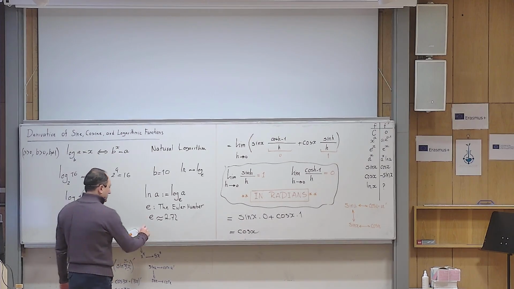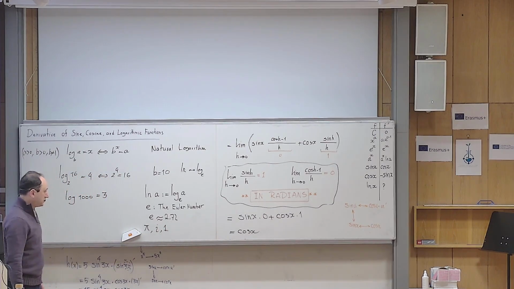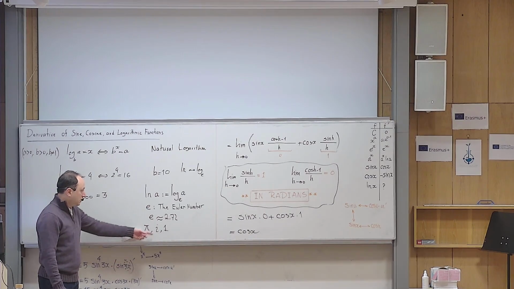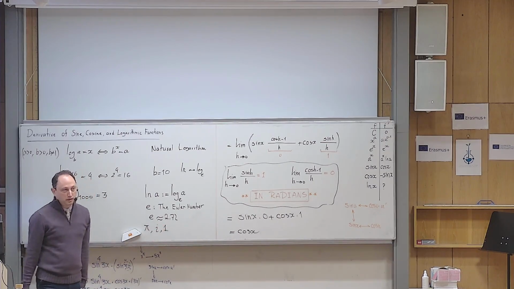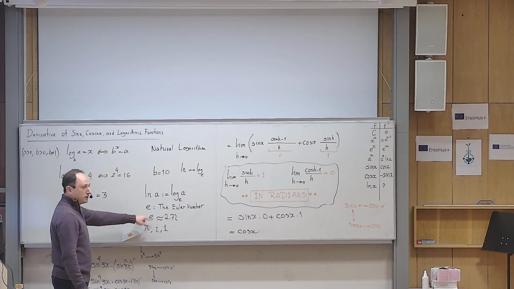This number, together with pi, i, and 1, are fundamental constants in mathematics, yes? e is the Euler number, pi is 3.14 something, i is the imaginary unit, we will study that in the last chapter, and 1 is of course 1. So these are fundamental constants of mathematics. It is one of them.